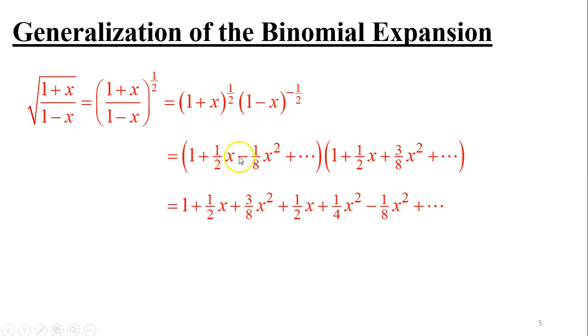Then negative 1 over 8 x squared times 1 is negative 1 over 8 x squared. And then starting from the second term, negative 1 over 8 x squared times half x, that's a term in x cubed. Negative 1 over 8 x squared times 3 over 8 x squared, that's a term in x to the 4. So these two terms, we don't really need them in our expansion, so we drop them here in this ellipsis at the end.